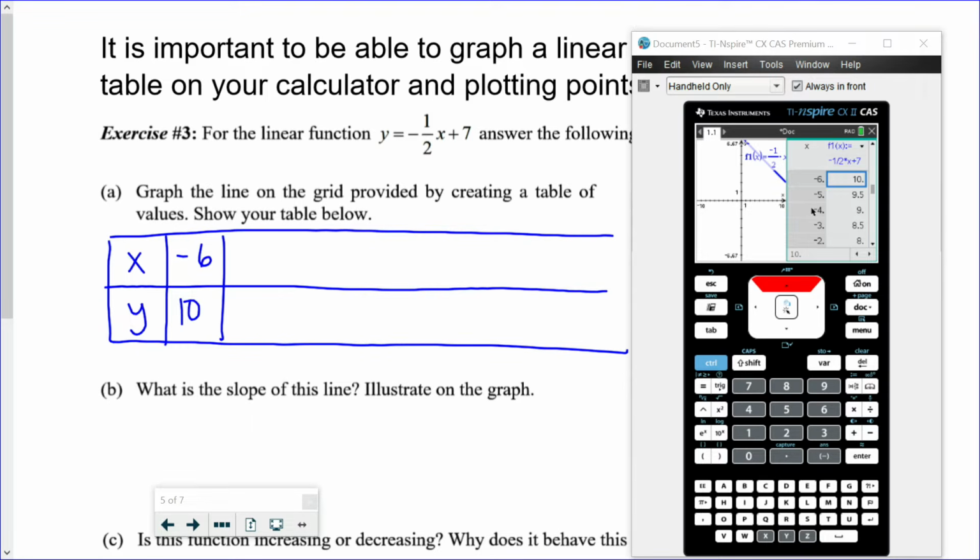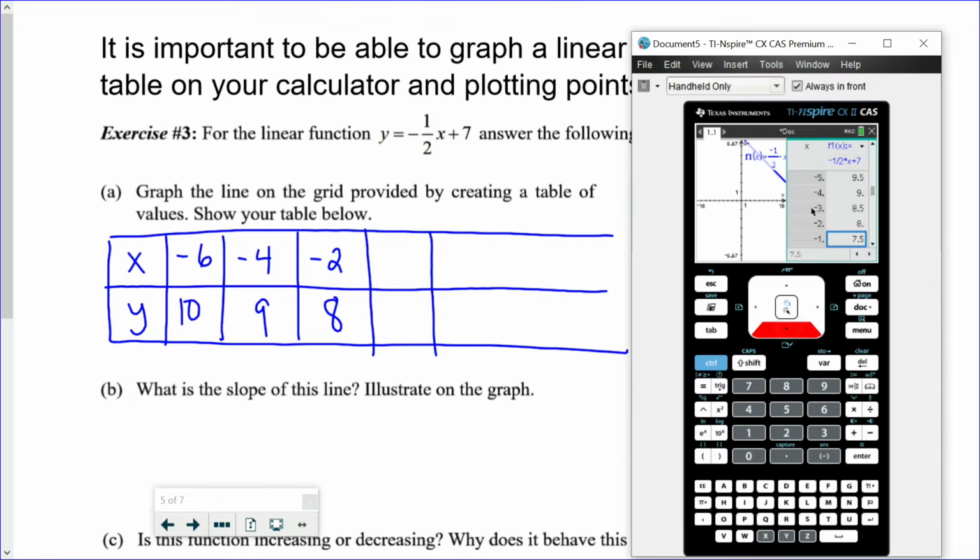I don't think I'm going to include that one at -5 because it's got a little decimal in it. I could, but I think I'll now go with -4 and 9. Right, so now we'll go down to -2 and 8, 0, and 7.